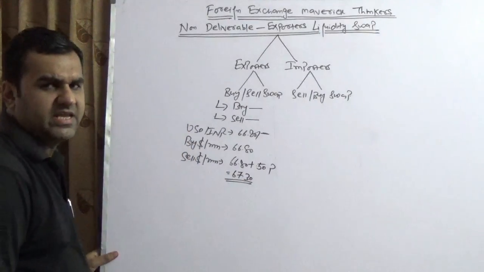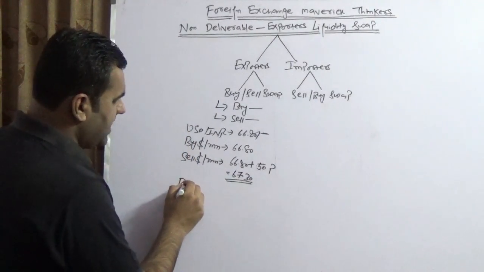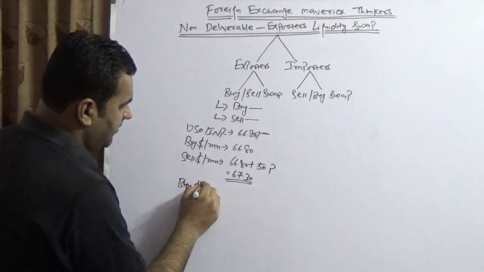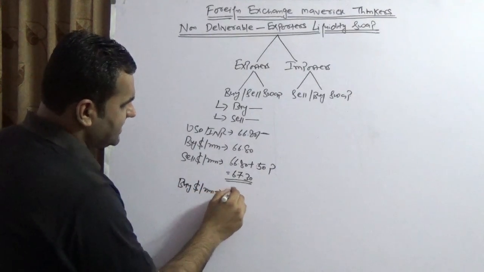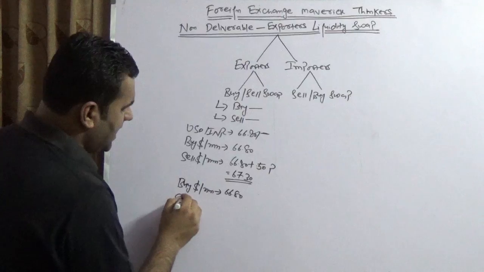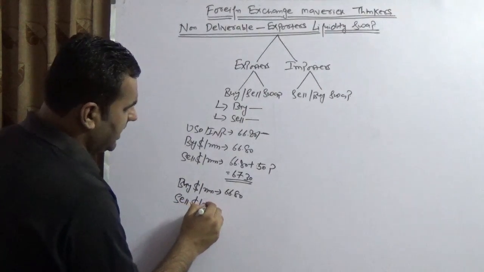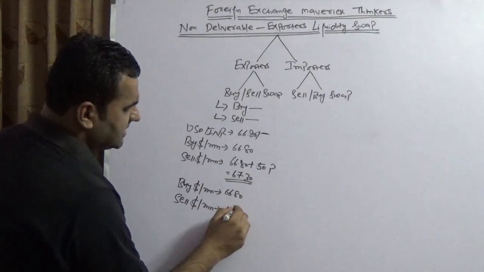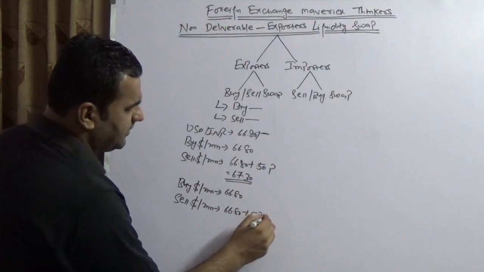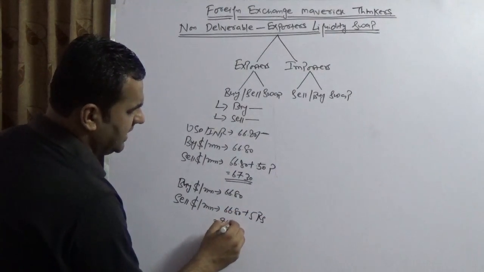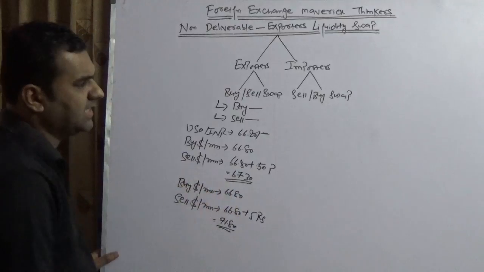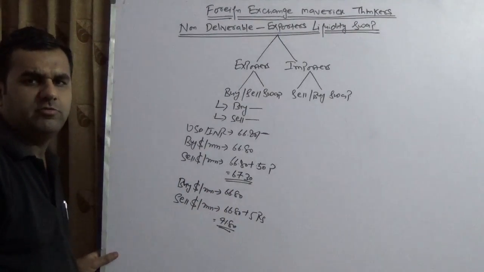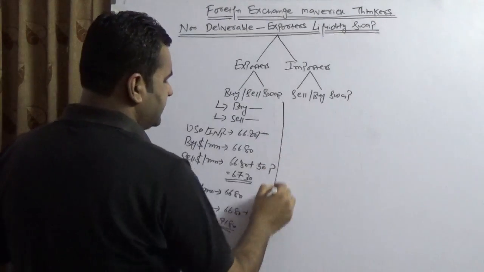Or take another example. You buy 1 million at 66.80 and you sell 1 million for 1 year, assuming 66.80 and 5 rupees is the premium, so the total would be 71.80. This is a buy-sell swap. For an importer, it would be a sell-buy swap, an exact reverse of that.